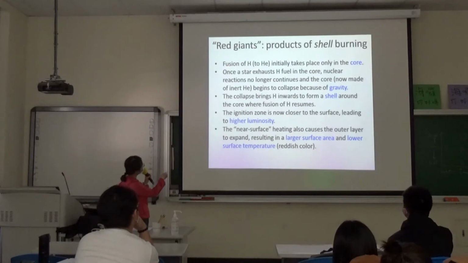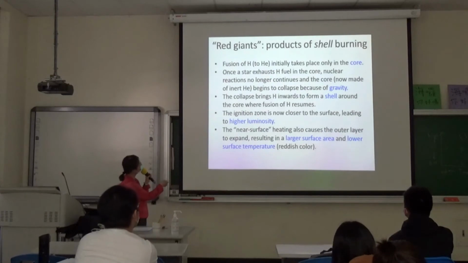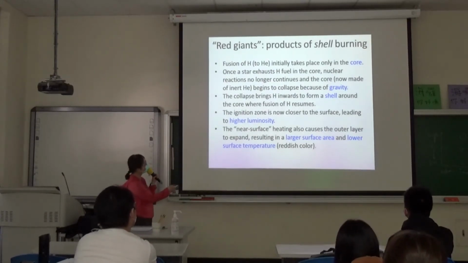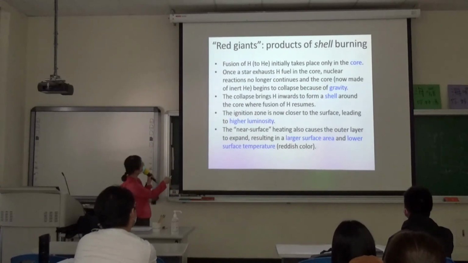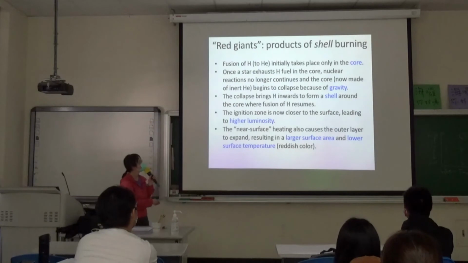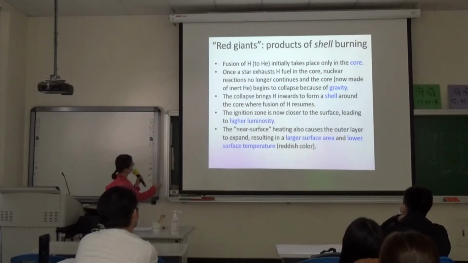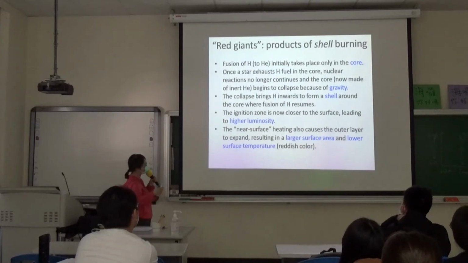Usually at the beginning, fusion of hydrogen to helium takes place only in the core. Once the star exhausts the hydrogen fuel in the core, the nuclear reaction no longer continues. The core, which is now made of inert helium, begins to collapse because of gravity. The collapse brings hydrogen inwards.